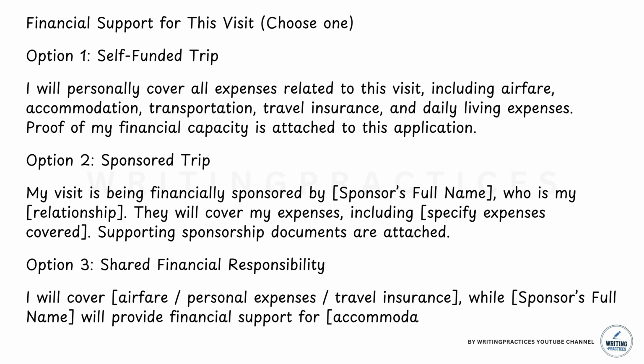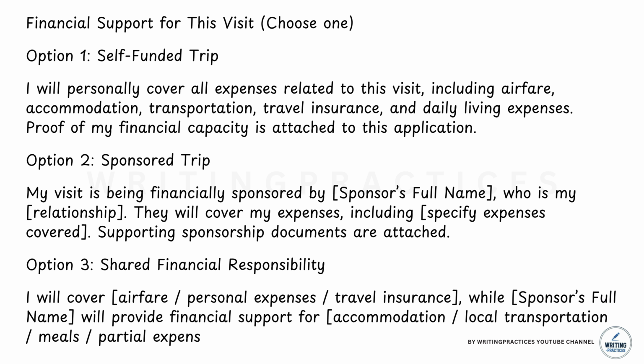He will cover my accommodation and local transportation expenses. This explains financial sponsorship. Include sponsorship documents. If costs are shared, write, I will cover airfare and travel insurance, while Michael Anderson will provide accommodation and meals during my stay. This clearly defines financial responsibility. Be specific about who covers what.